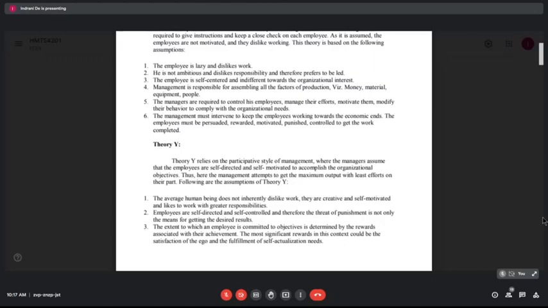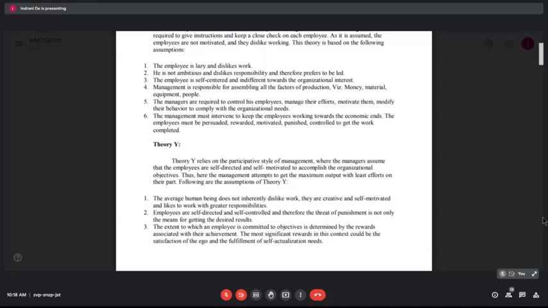In case of Theory X, they are not self-motivated; as a manager, we have to motivate them. Here they like to work with greater responsibilities, and they are self-directed, self-controlled. Just the opposite. There we have seen that managers are controlling the behavior of the employee, always observing, monitoring, motivating, punishing.